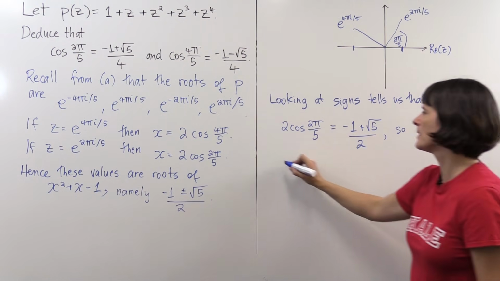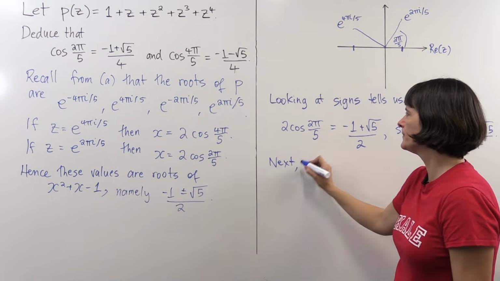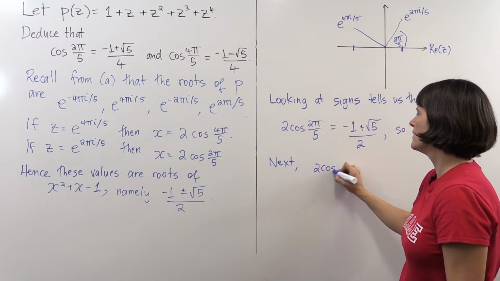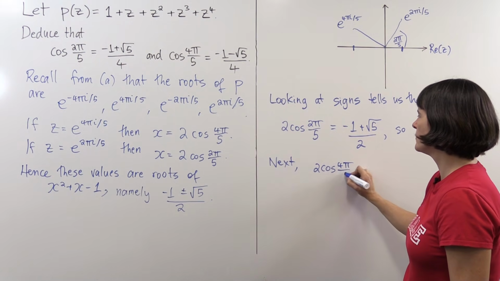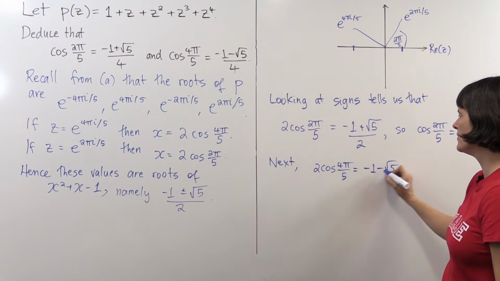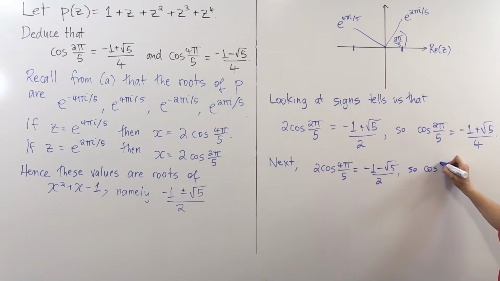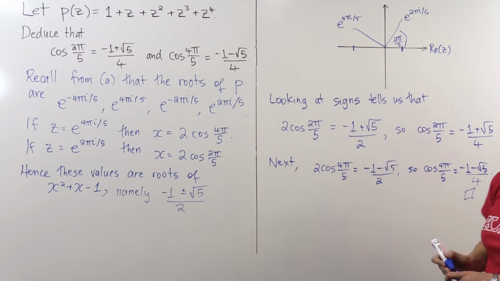Okay? And the other way around, 2 cos 4 pi on 5, the negative one, must be minus 1 minus root 5 on 2. And then you divide by 2. And that completes the proof of this example.